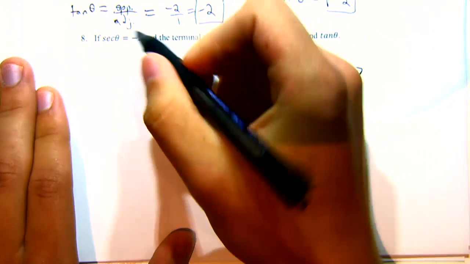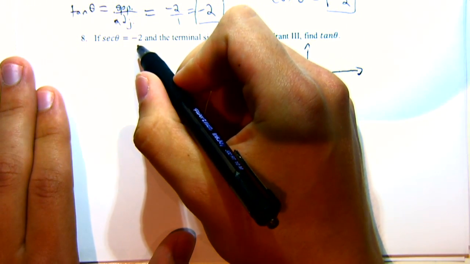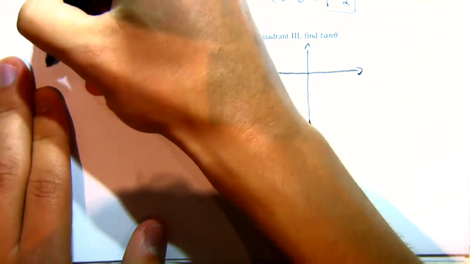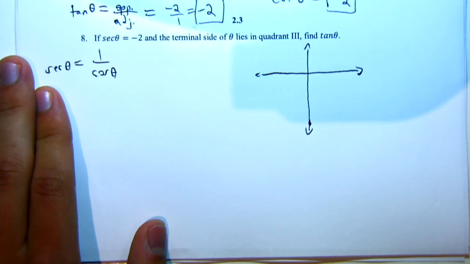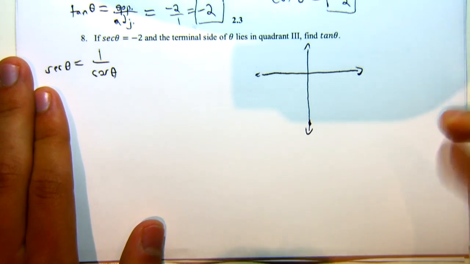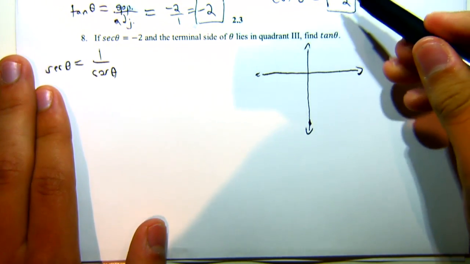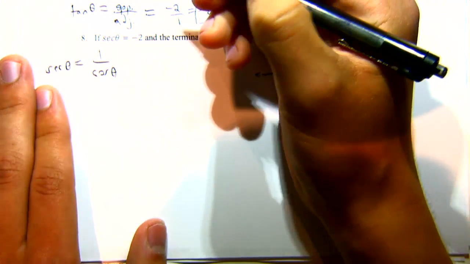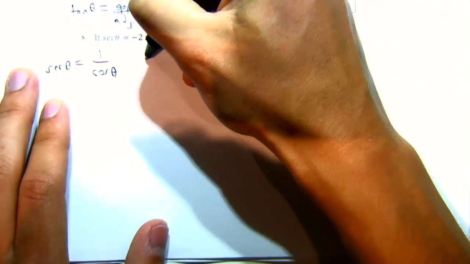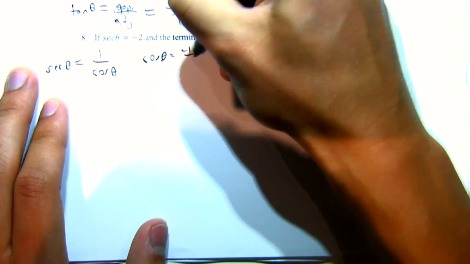So we know that secant theta equals negative 2. And we know that secant theta is the inverse of cosine theta. Therefore cosine theta is just negative 1/2.